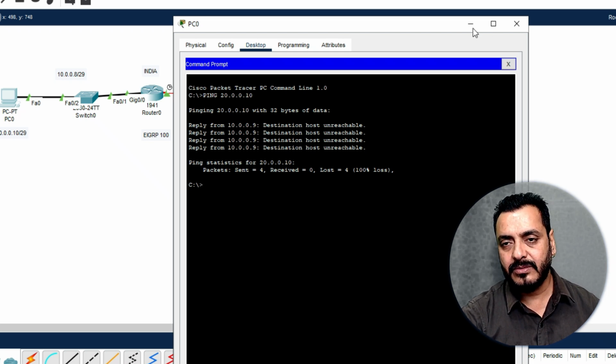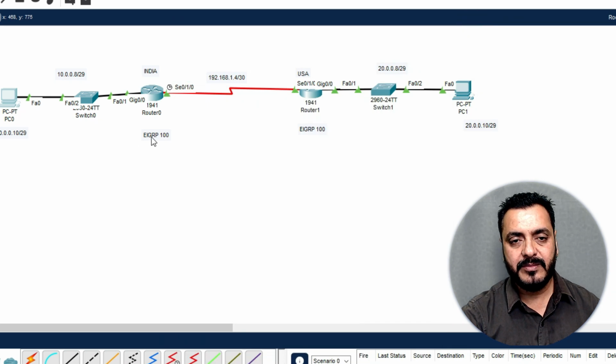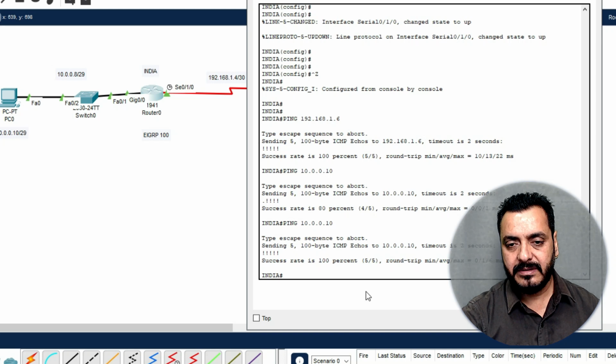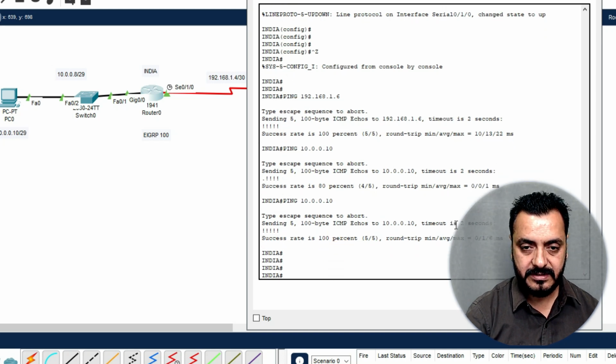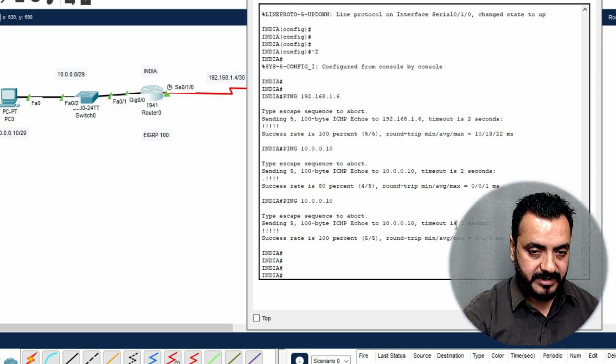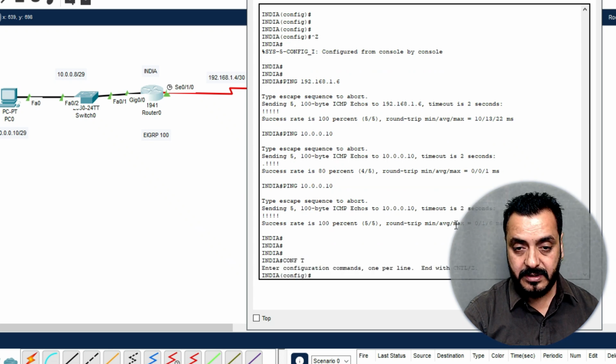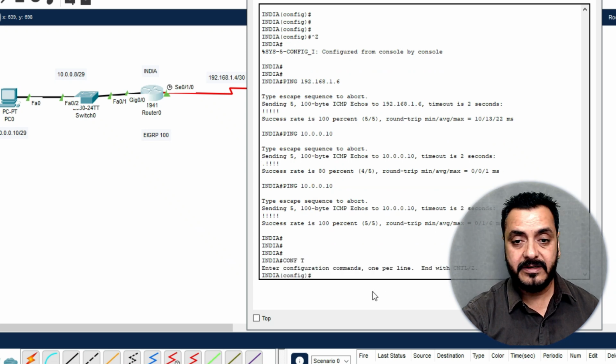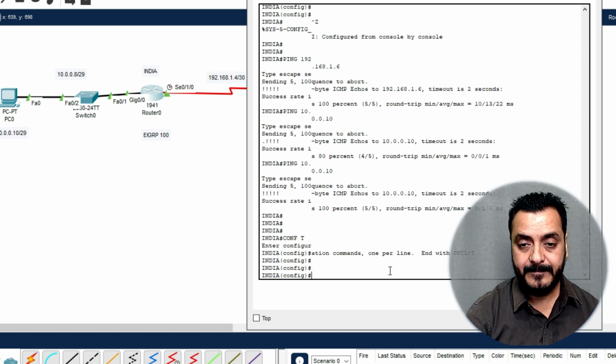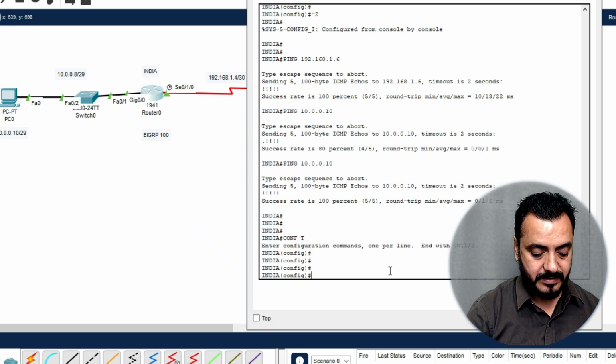So firstly we have to configure the routing protocol, that is today's protocol, EIGRP with autonomous system number 100. After configuring routing onto both routers, EIGRP will make your network open, then end-to-end connectivity will be possible. So now we are going to configure EIGRP onto the first router with the help of router eigrp.